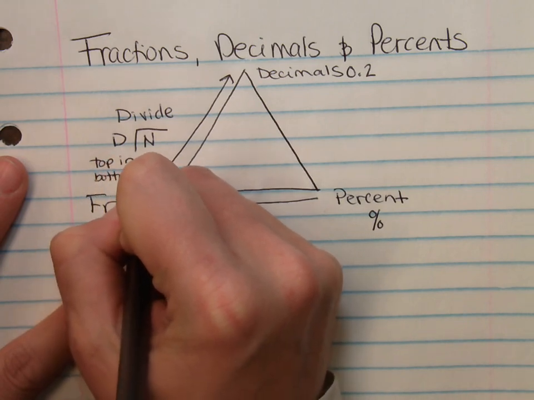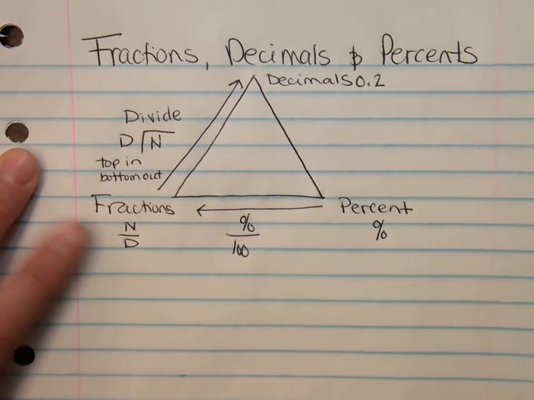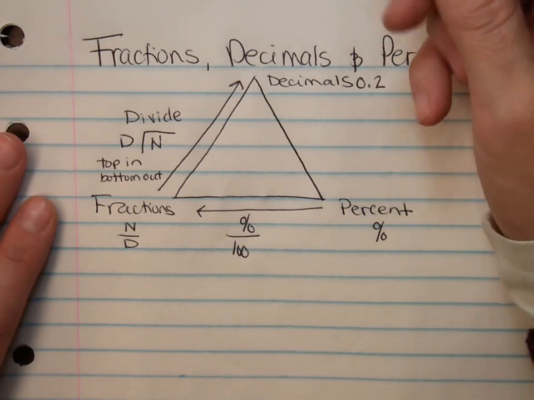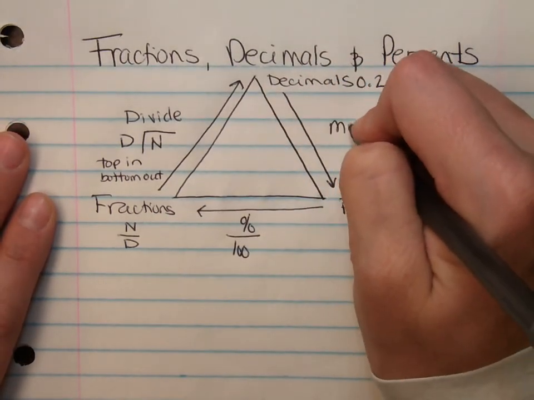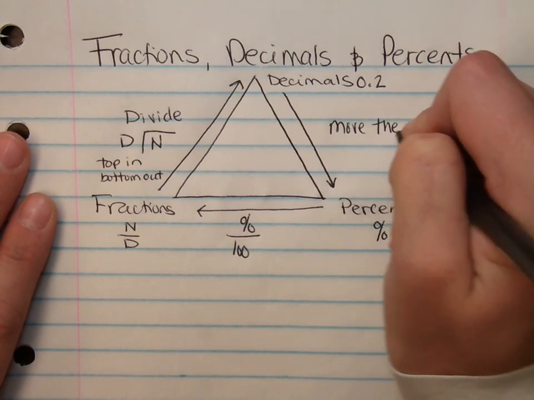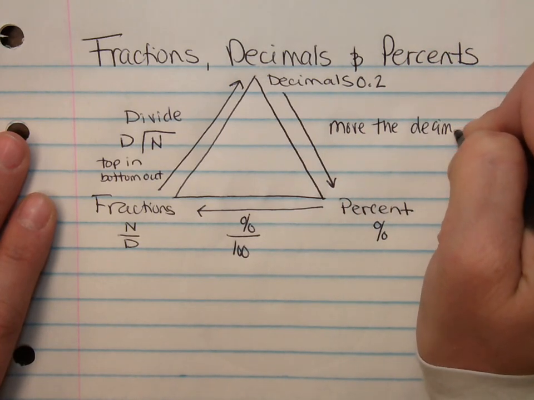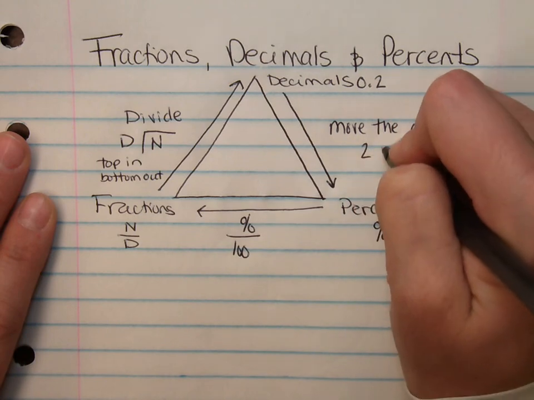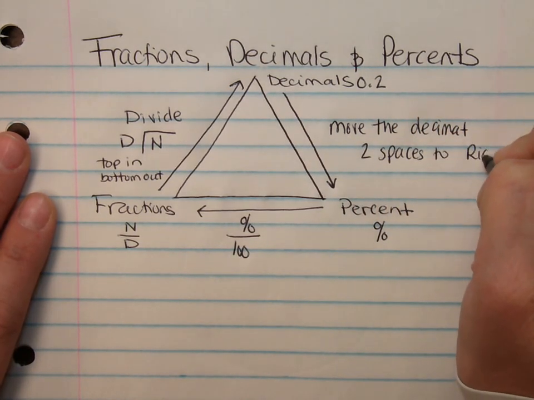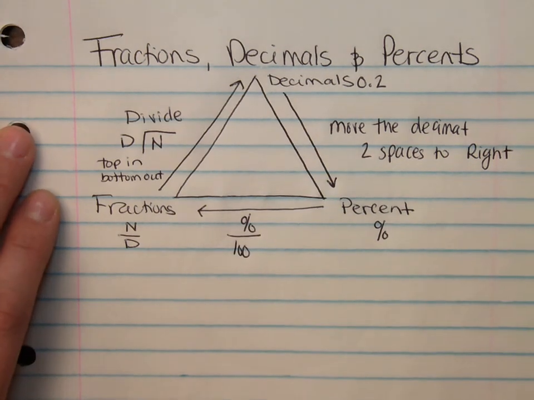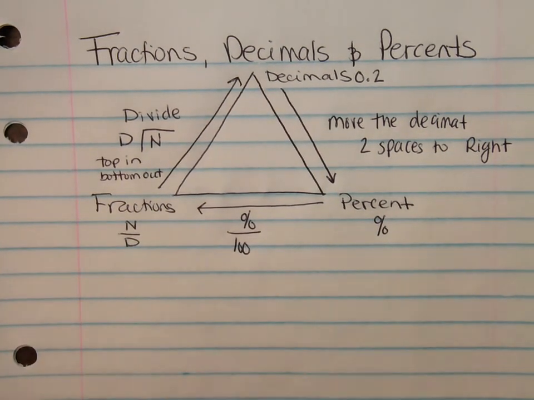And that's the top in and the bottom out. If you want to go from a decimal to a percent, you move the decimal 2 spaces to the right. And today we're just going to recap how to do all of this.